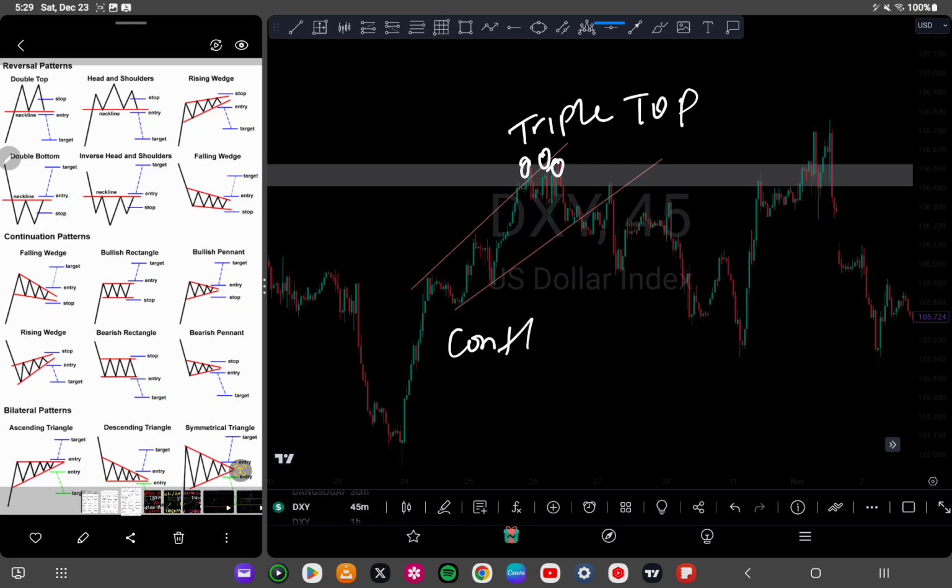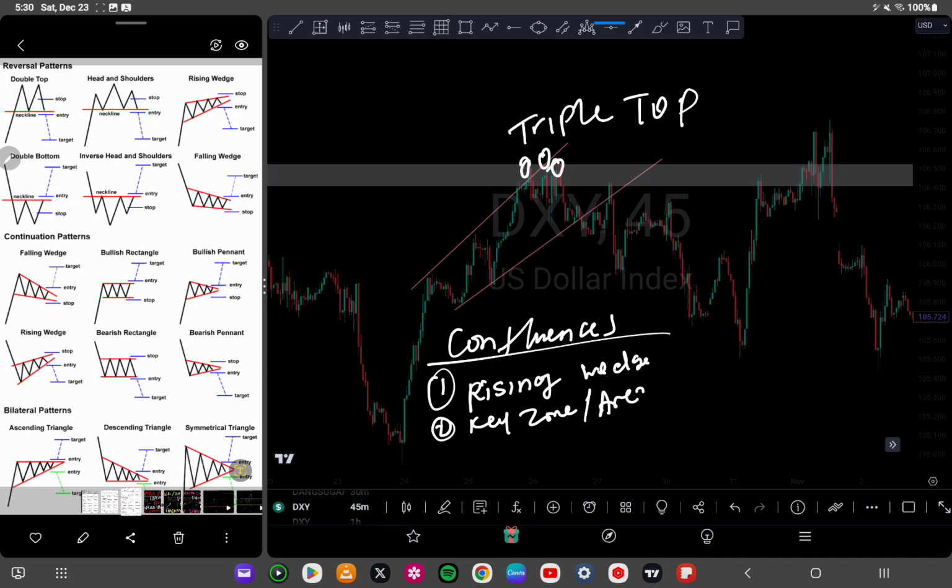So these are the confluences that make me take this trade. One, we have a rising wedge. Two, on a key zone or area. Three, we have triple tops around that area right there.